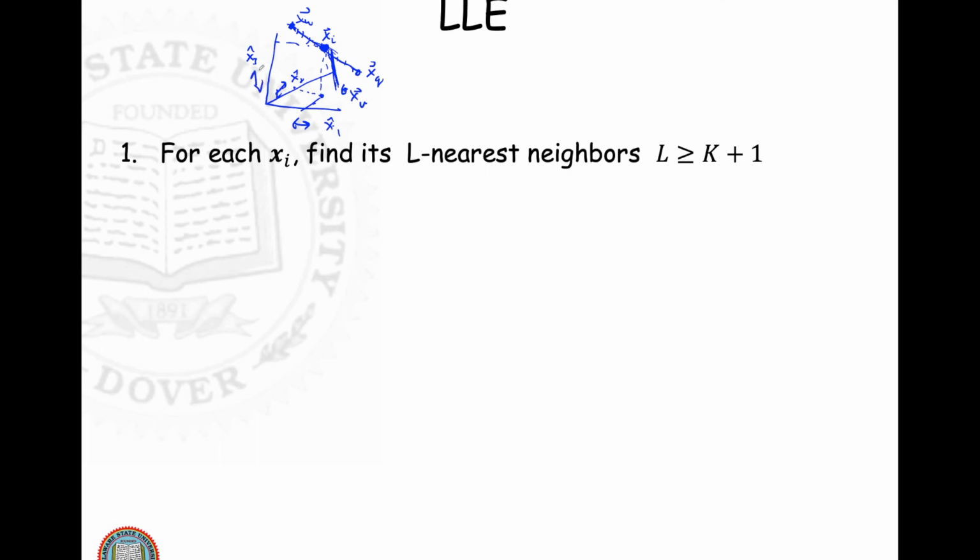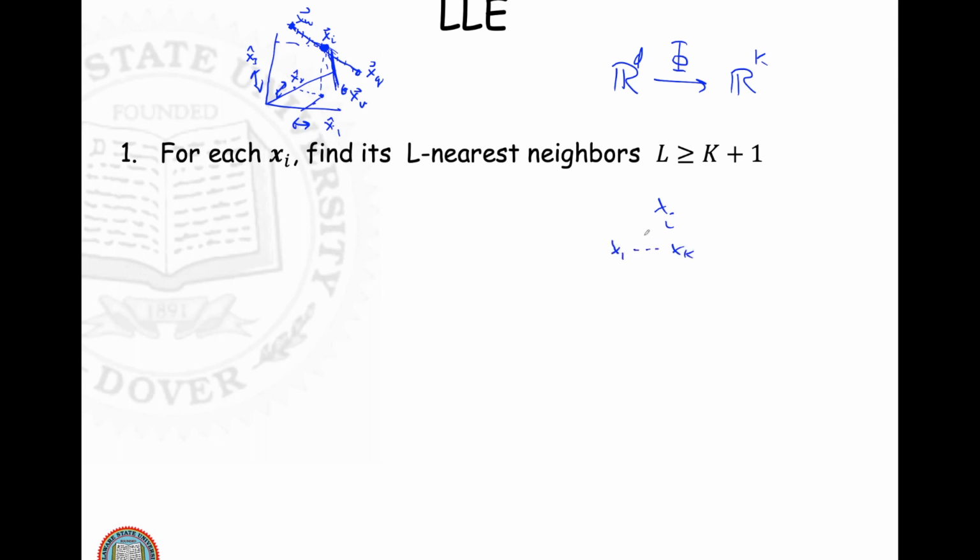that direction. For this reason, you need the number of neighbors to be at least the dimensionality of the new representation. So if we're going from R^D, our original d-dimensional representation, and we're going to map that through our phi function to R^K, your L for the number of neighbors around xi has to be at least k plus 1.